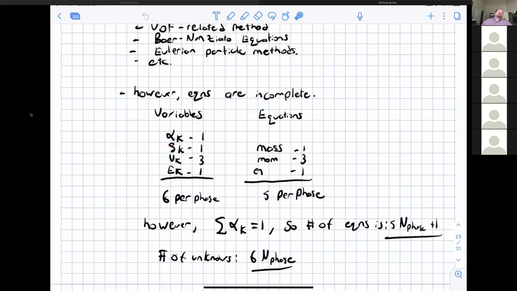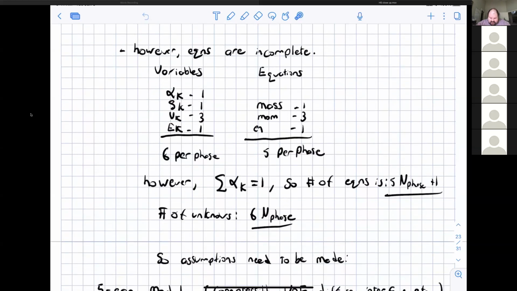And you may be thinking, okay, well, it's not that bad. You can apply the condition that the sum of the volume fractions for all the phases has to be 1. So basically what this means is that we can reduce our number of unknowns by 1. 6 times the number of phases minus 1 would be the total number of variables, and this minus 1 comes from the fact that we don't need to compute all the volume fractions.